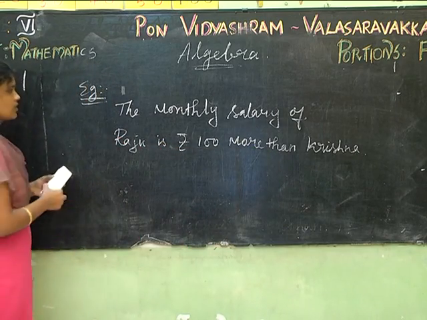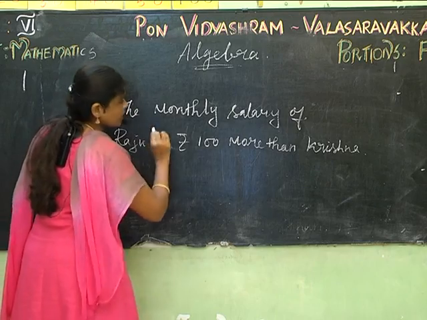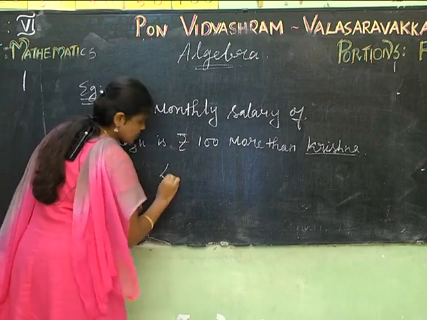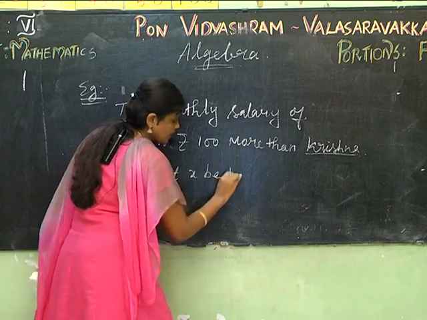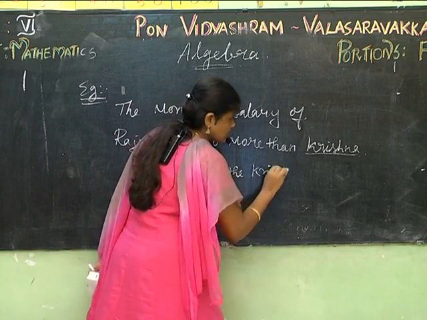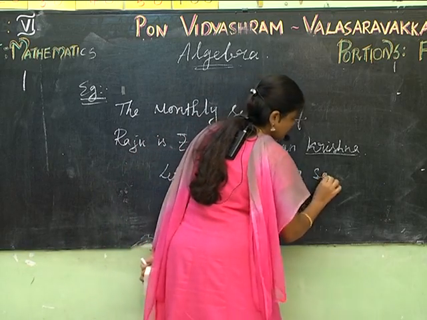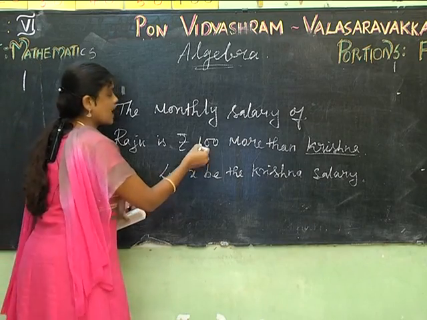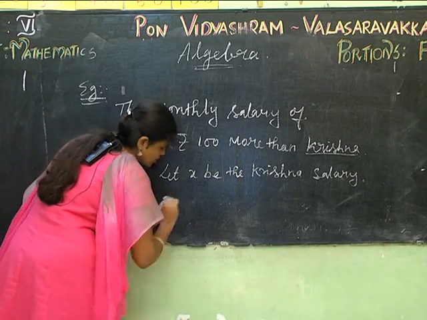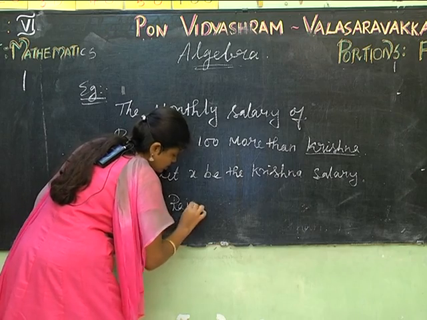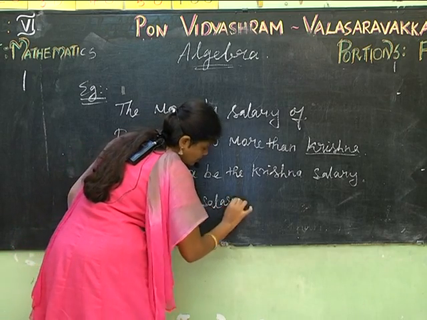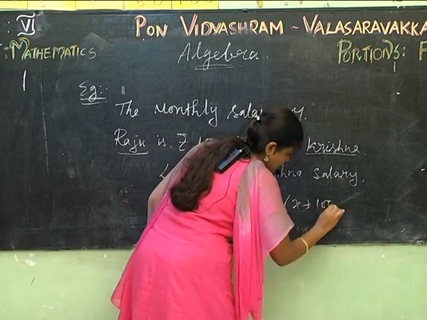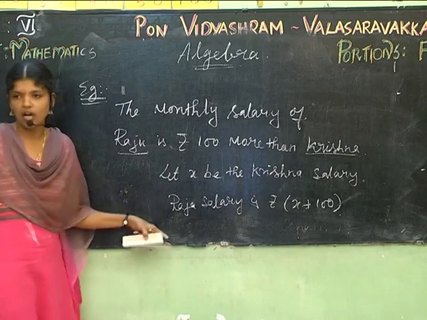How can you convert this into an algebraic expression? Say you don't know the value of the monthly salary of Krishna. So let x be Krishna's salary. Now this one is 100 more, so Raju's salary is x plus 100. Like that you have to write here.